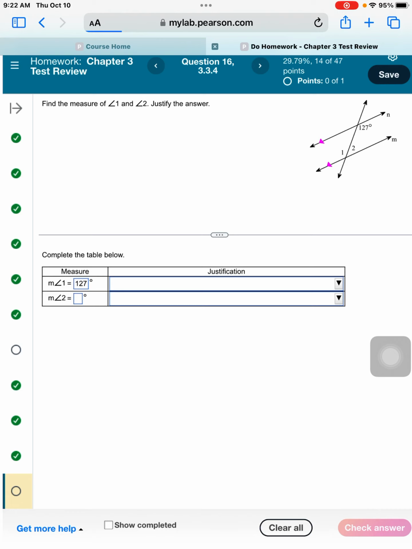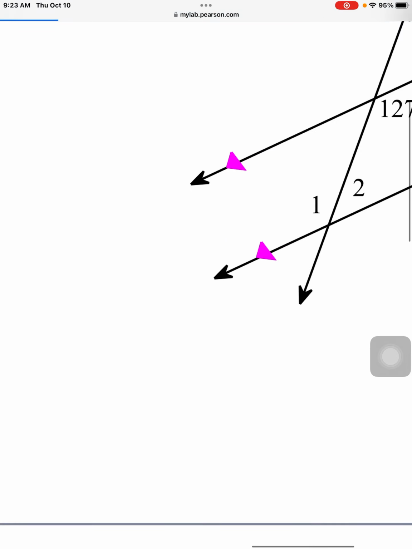Remember that what we just finished doing on this chapter 3 test review was everything that had to do with us being given the angles and then determining if these lines are parallel. That was 3.2. That's what we've been doing from question 1 through 15. Now what we have is we're given that the lines are parallel.